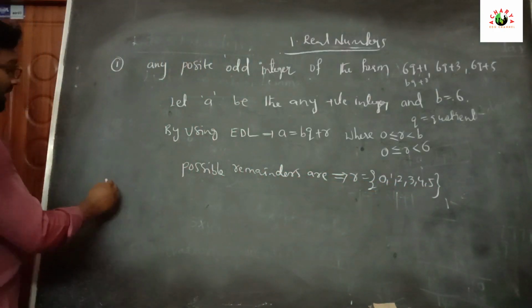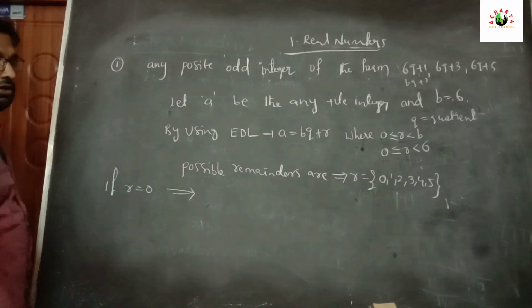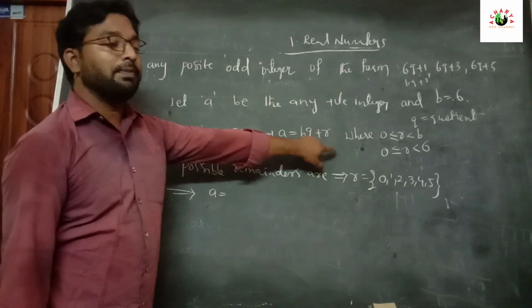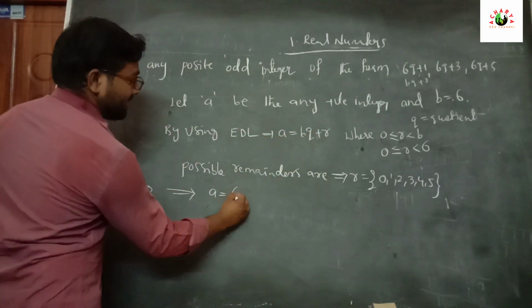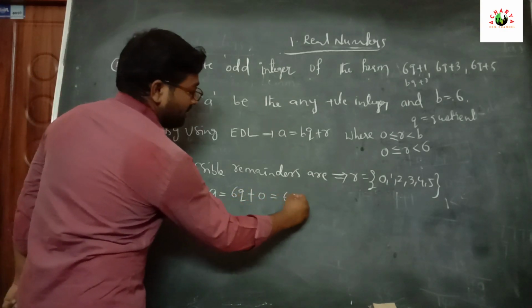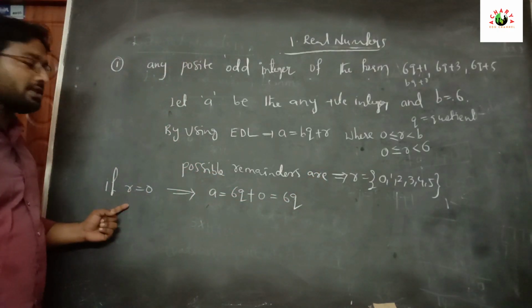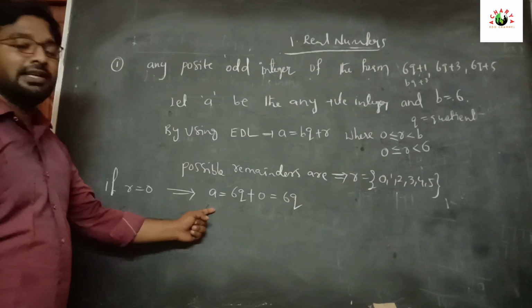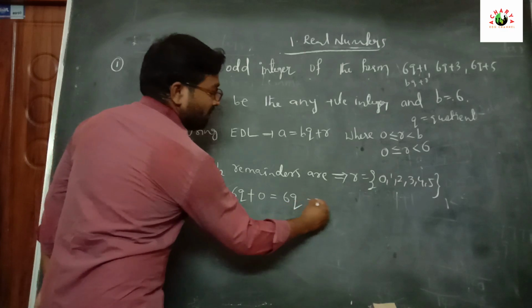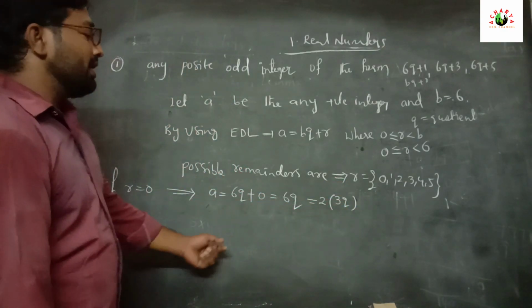So in this case, if r is equal to 0, then a is equal to bq plus r. Here b is 6, so 6q plus the remainder 0, that is equal to 6q. 6q we can write as 2 into 3q.